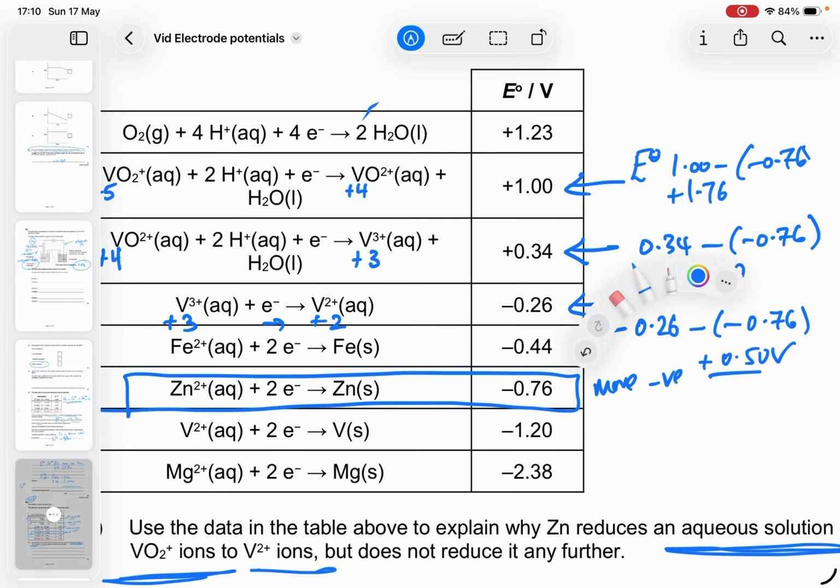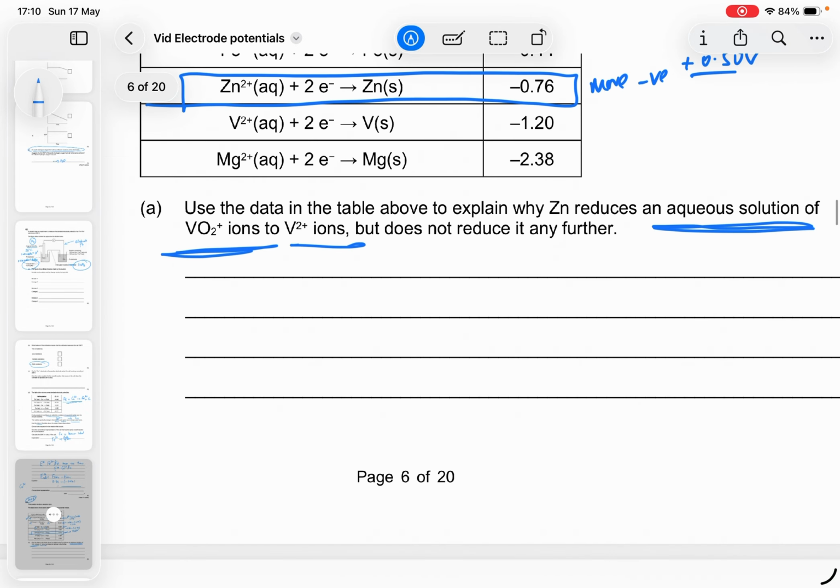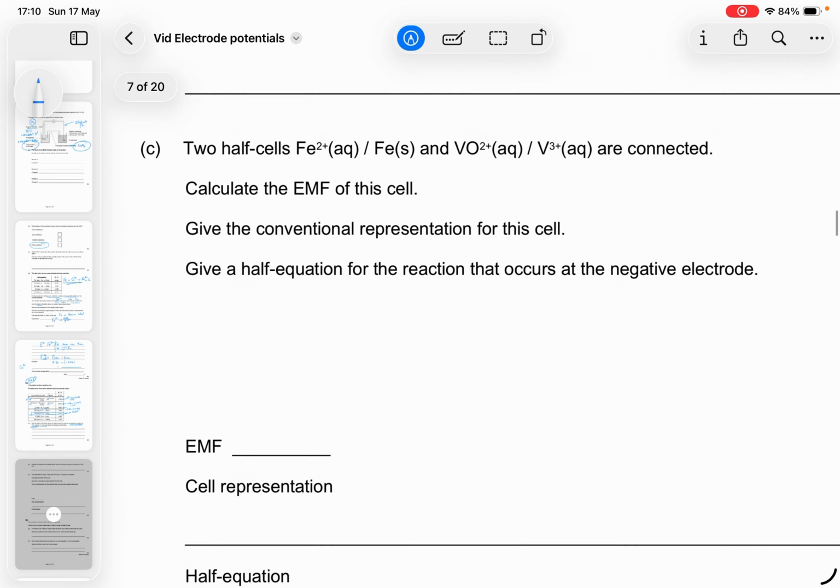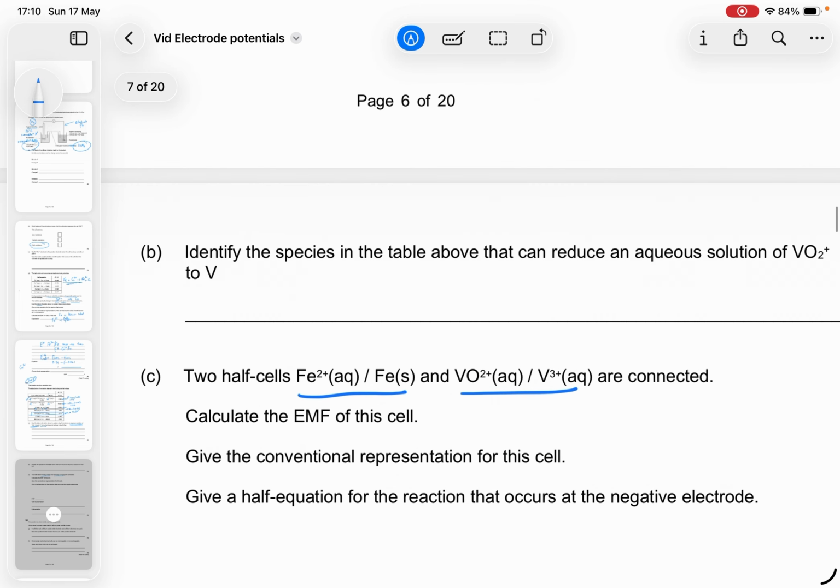So you can see now that the same sort of question is being asked here. Okay, then C says two half cells Fe2 plus and iron and VO2 plus V are connected. Calculate the EMF of the cell.